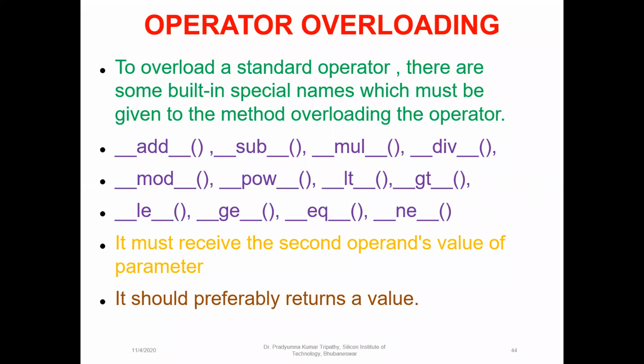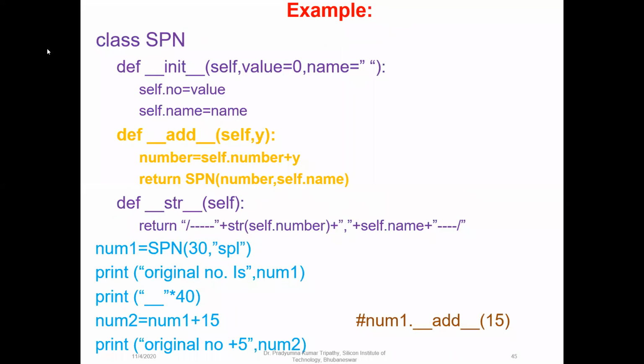You don't have to remember a lot of things. These are the predefined special names already there for the operators. It will take the second parameter as the operand value. I'll tell you how it does.